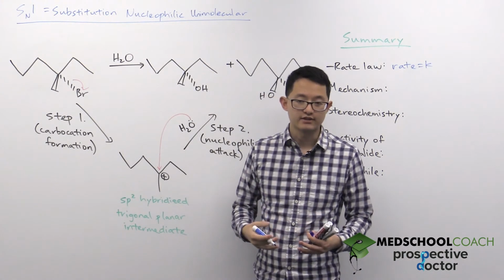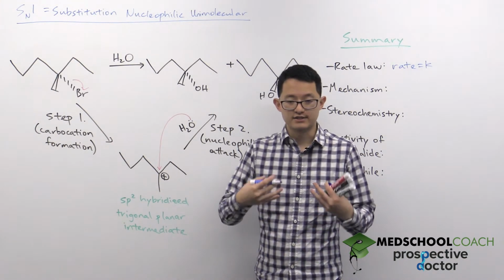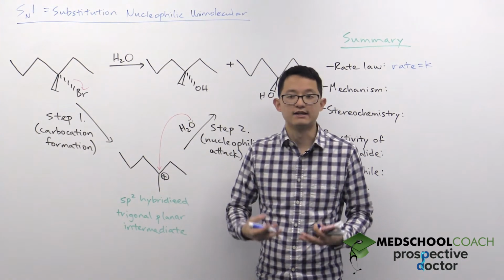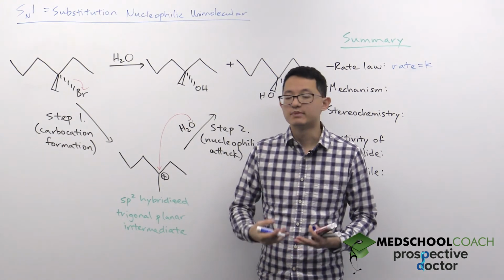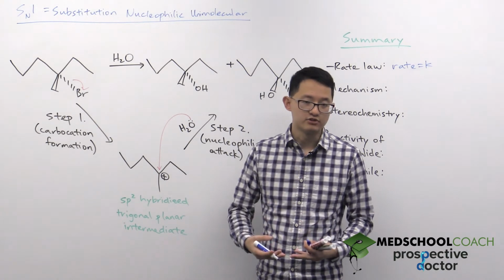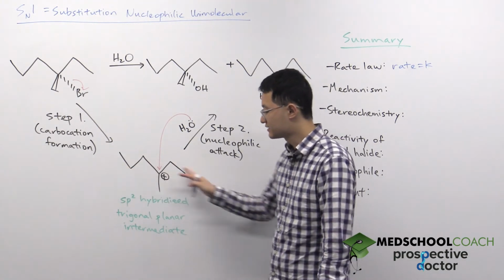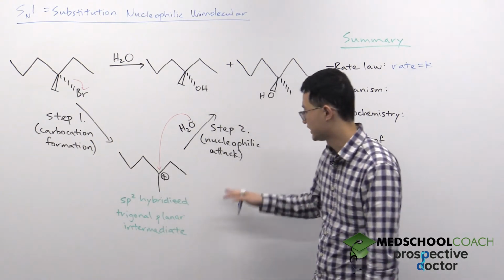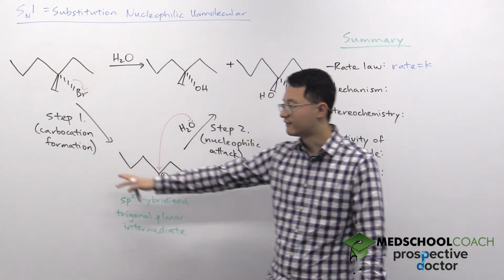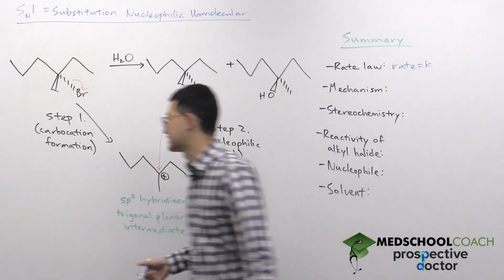When you have a reaction that takes more than one step, the step you want to focus on is the rate limiting step, because the reactants involved in that step are going to be able to determine how fast your reaction proceeds. In between these two steps, carbocation formation and nucleophilic attack, the first step is less favorable, so this is the rate limiting step.